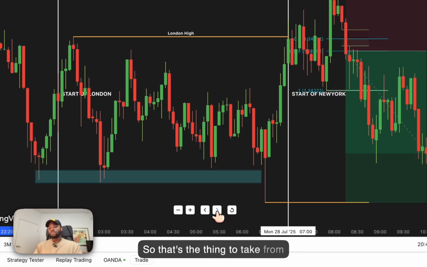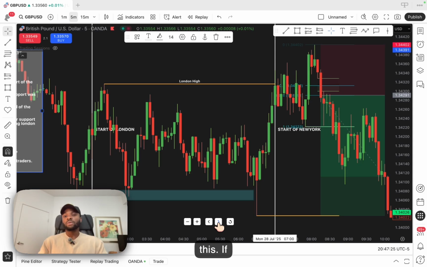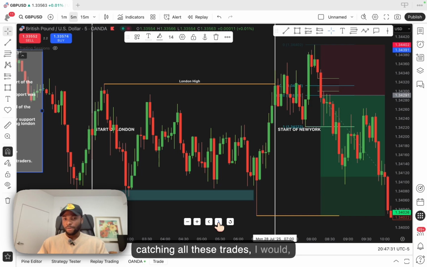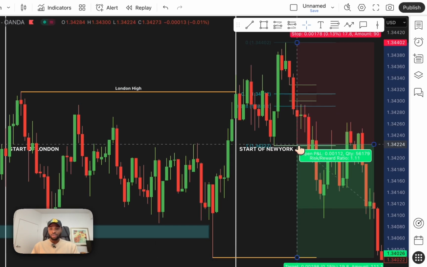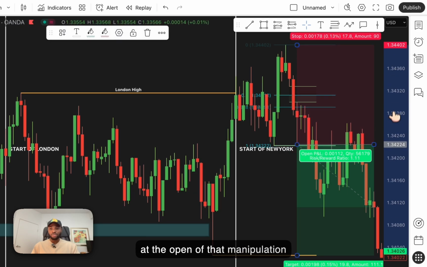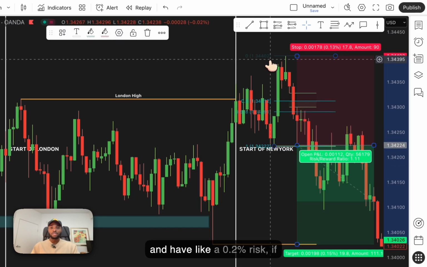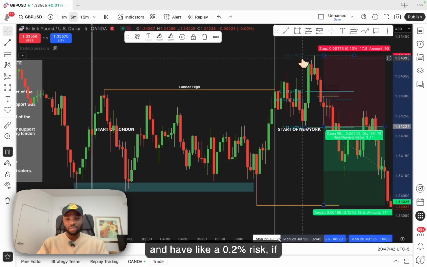So lessons to take from this. If I really wanted to make sure I'm catching all these trades, I would enter here, just at the open of that manipulation, and have like a 0.2% risk, if anything, just so I'll catch the trade at least.